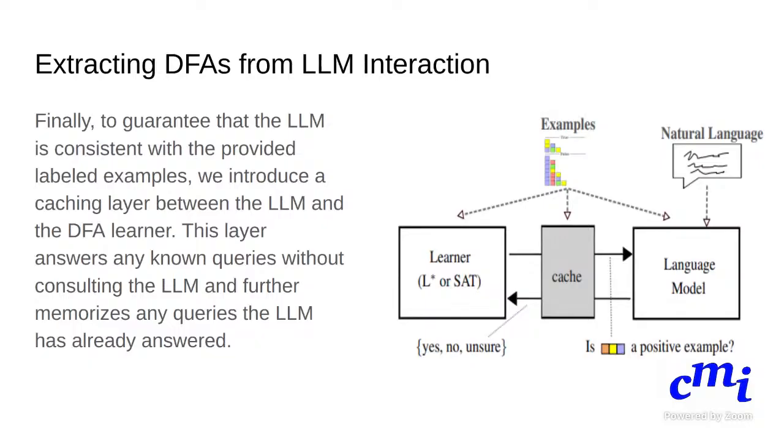The model can potentially give a wrong answer and confuse everything, right? Yes, I think that's why they have made the cache layer to store history, to avoid that from happening. The cache is initialized with the given positive and negative examples from the user.